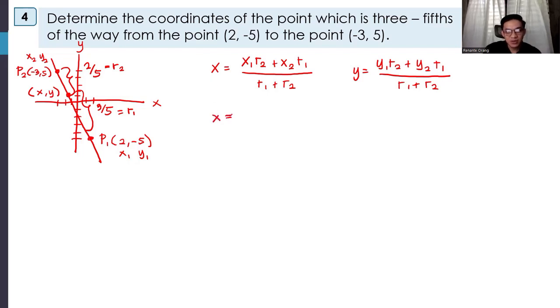So, let us substitute everything. X is equivalent to, x sub 1 po natin is 2, then, multiplied by R2 natin is 2/5 plus x sub 2 natin, class, is -3. Multiplied by R1, which is 3/5. Then, that is all divided by, syempre, no? 3/5 plus 2/5.